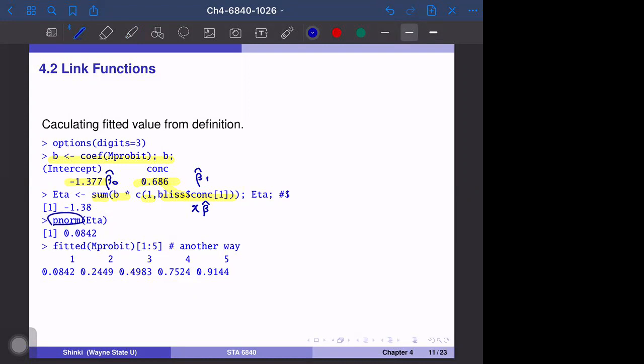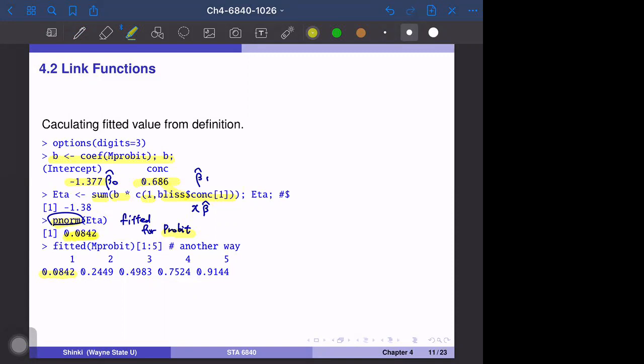Then we now calculate the fitted value for the probit model. We have used the inverse logit function to calculate probability, but for the probit model we use the pnorm function, and that is 8.42%, so the fitted value is 0.0842.